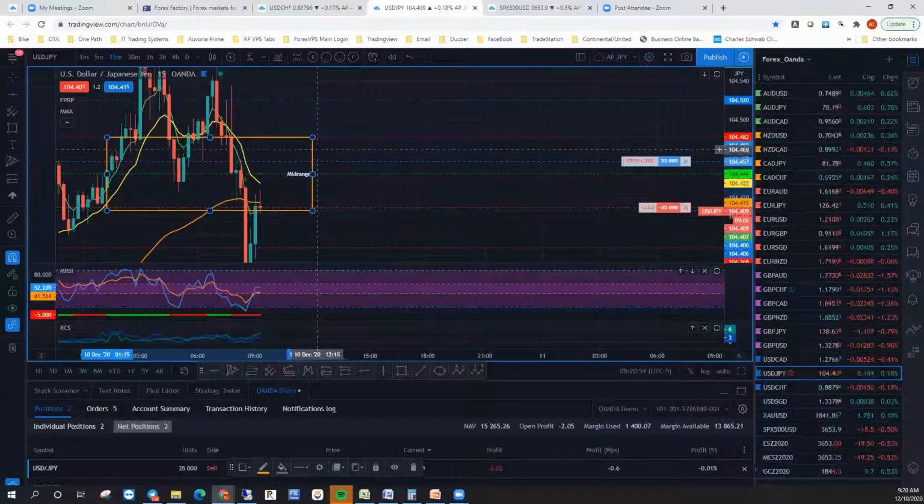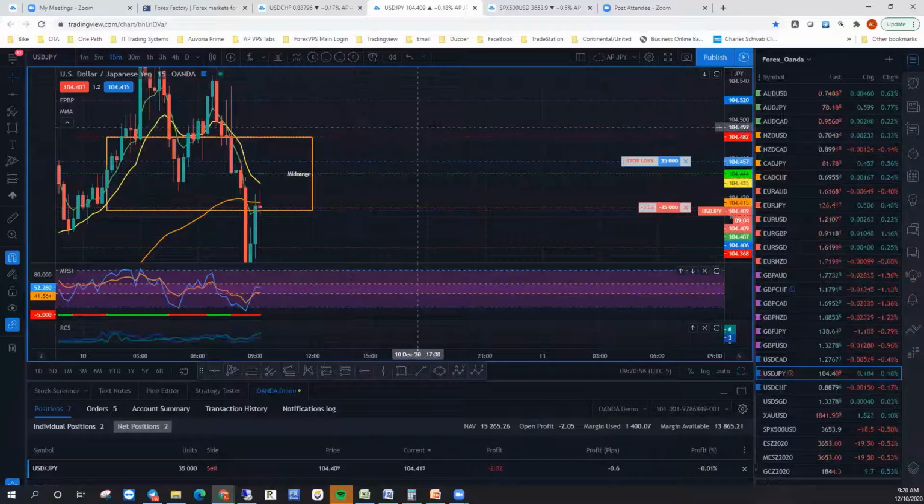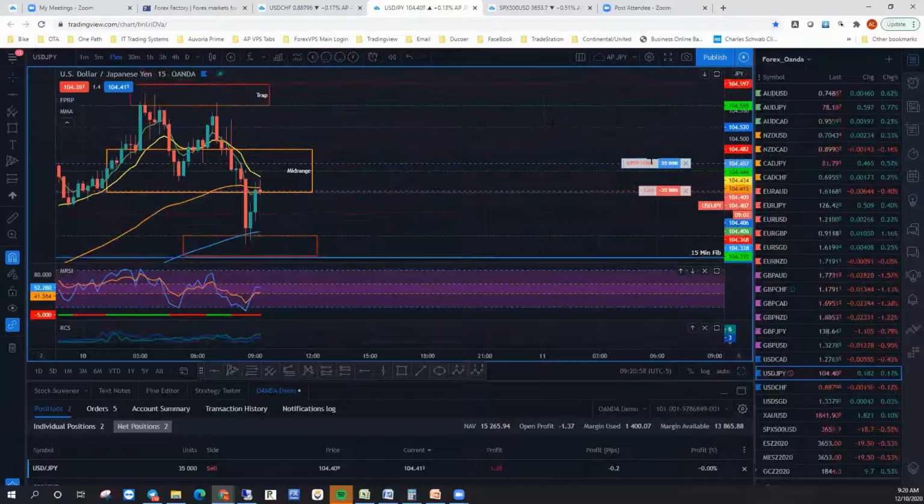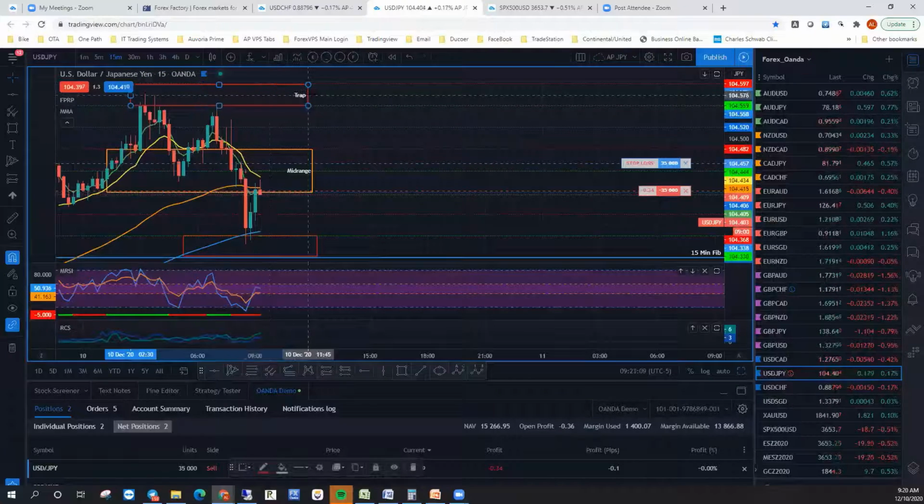Where you had put the upper mid-range line, up here? No, the orange box, your mid-range, top of your box.